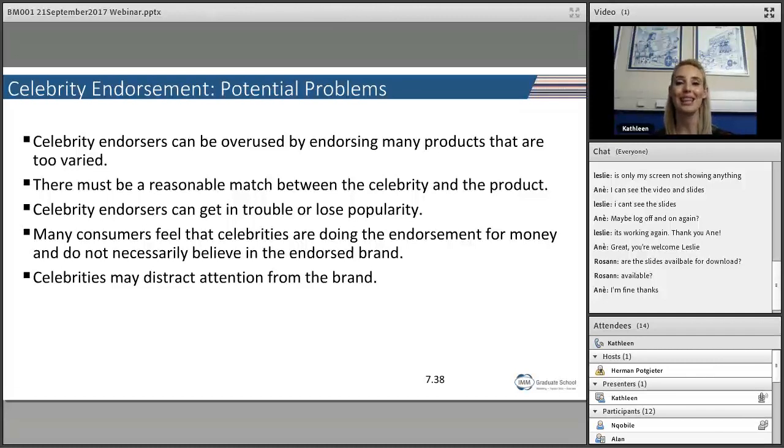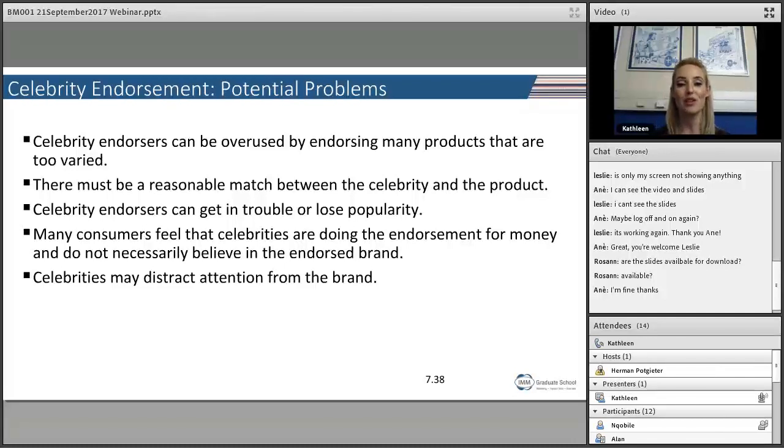They just want to get the money from being an endorser. We also have to make sure that the celebrity fits well with our product and with our brand. We have to make sure that the celebrity always has positive associations, doesn't end up in troublesome situations or lose popularity. Otherwise, that could have a knock-on effect onto our brand equity.